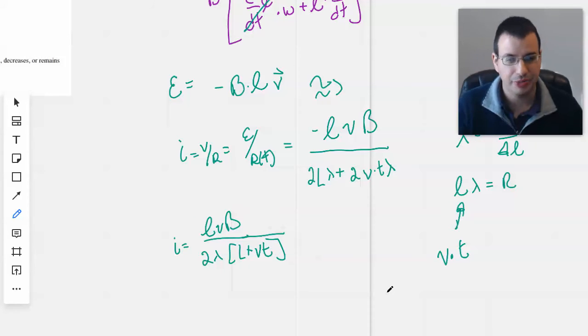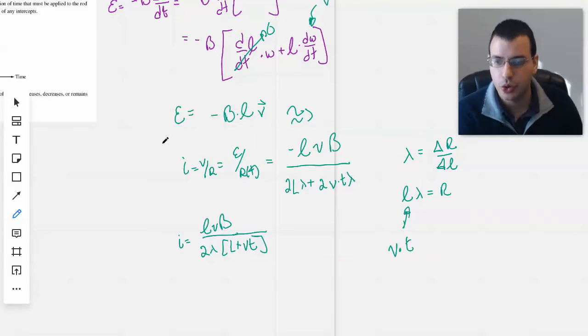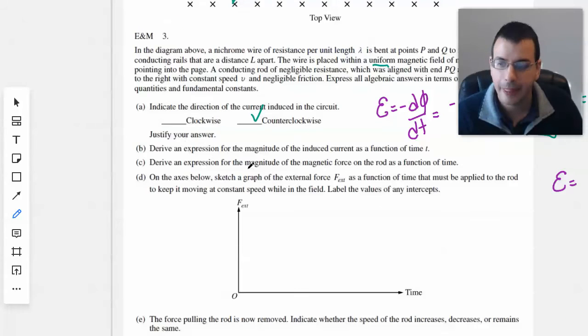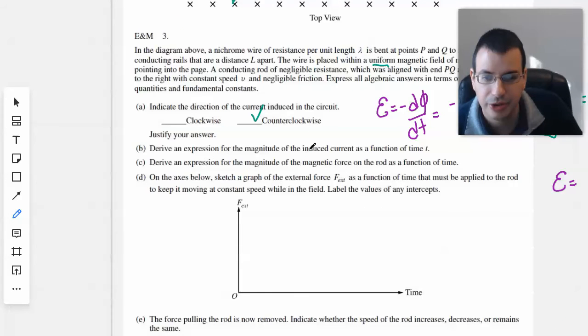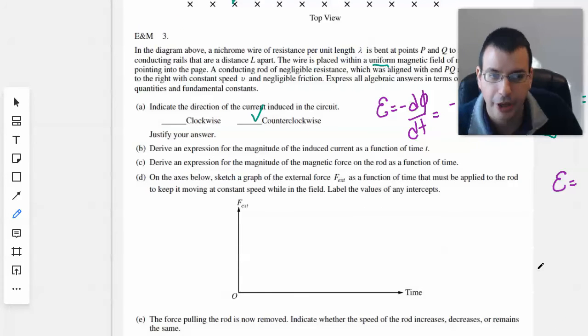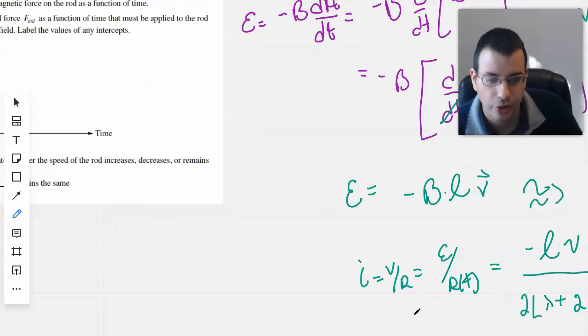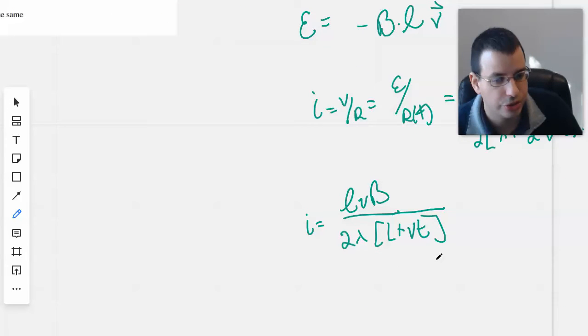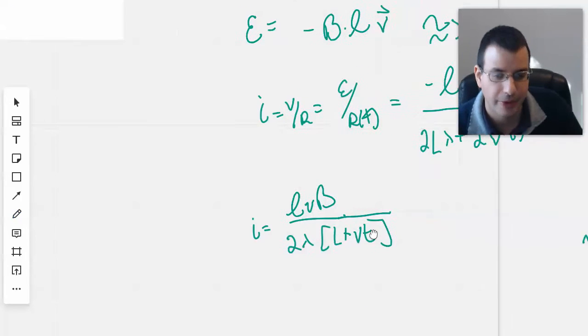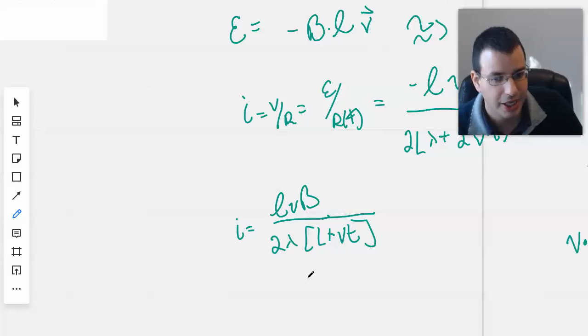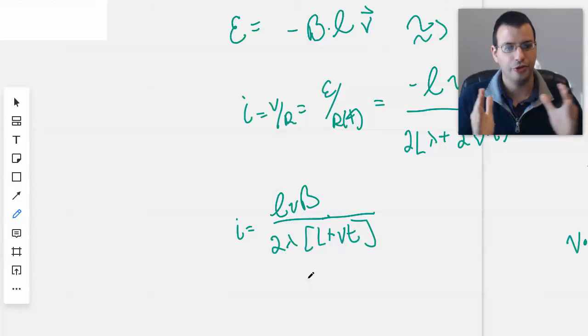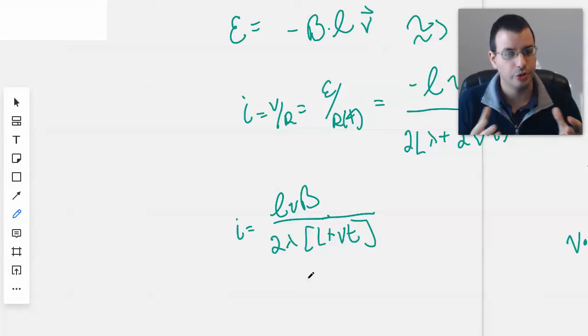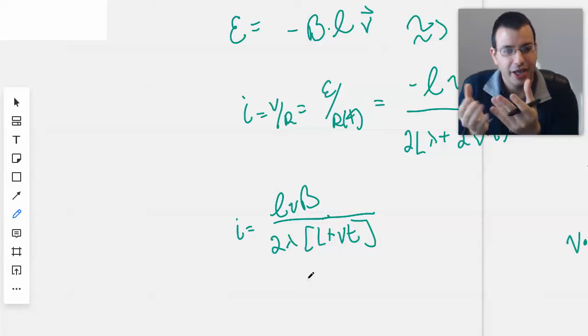Yep, and I just dropped the negative sign because we know the direction. Derive an expression for the magnitude of the induced current in time. Okay, so this will be the induced current for a given time. And the reason the bottom is so complicated is because the further the bar goes, the more resistance it's going to pick up, because the resistance is a function of the wire length and not just, hey, here's a resistor.